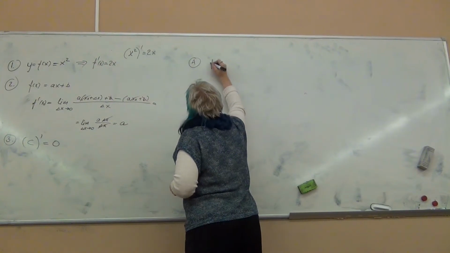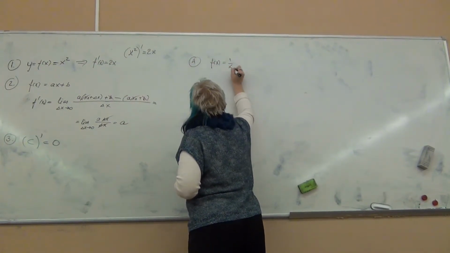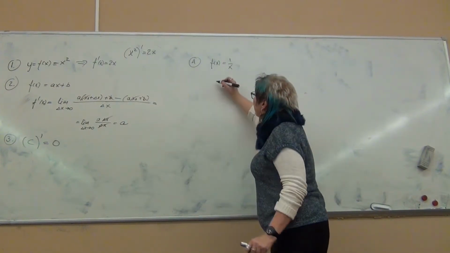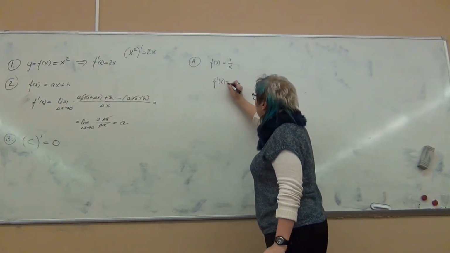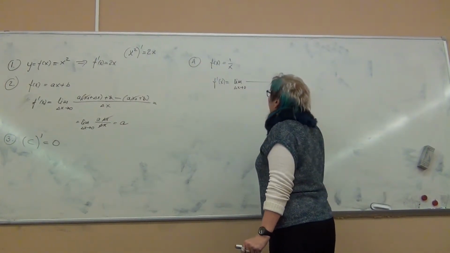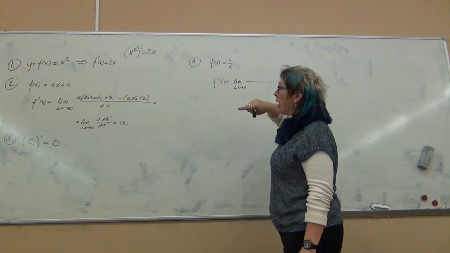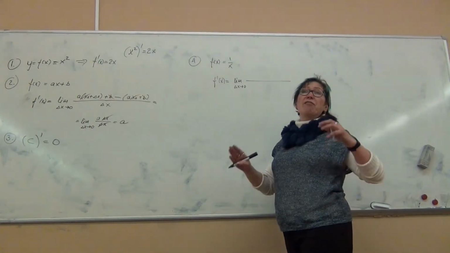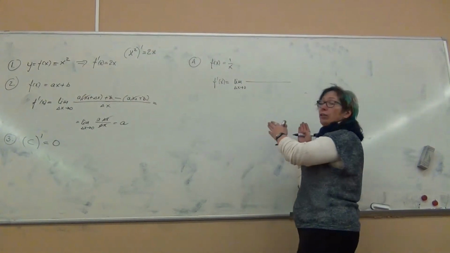So let's take the function 1 over x, and let's find the derivative of this function. So it's the limit when delta x tends to 0. I won't write x0 anymore. I'm simply putting for any value x, we can find the formula.